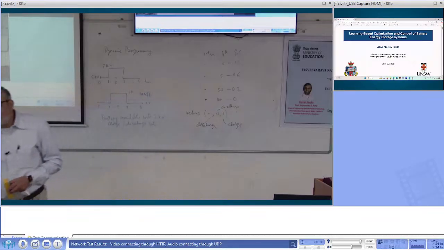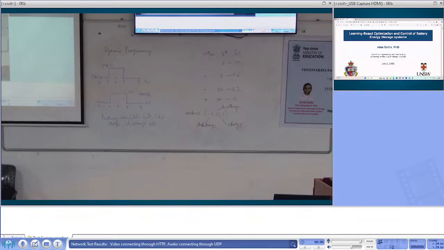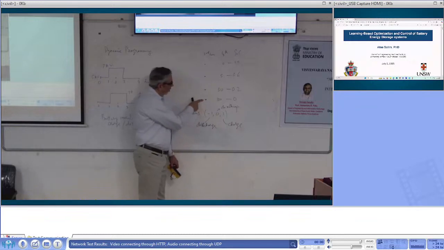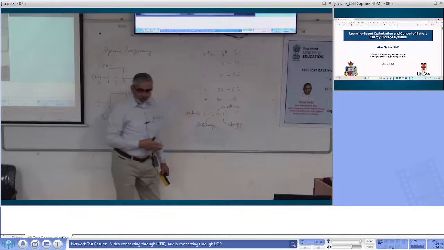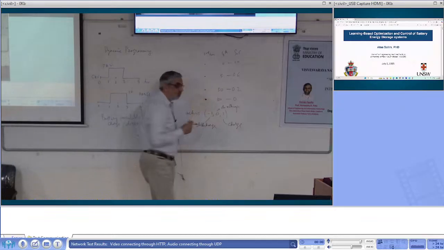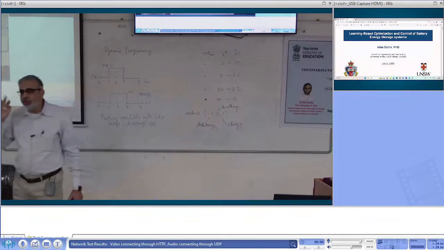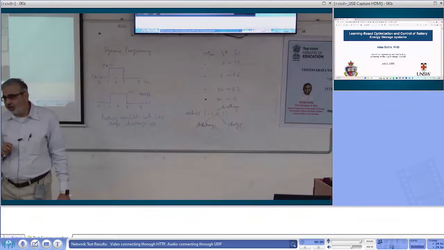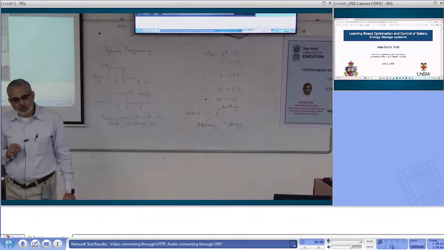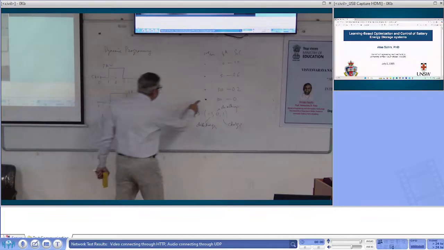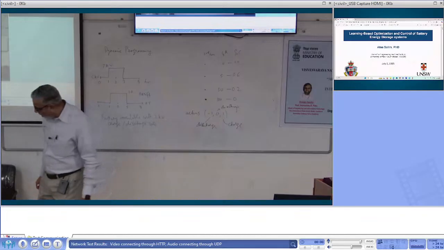Which of these 3 actions will reduce the final cost? If you are sitting here and you want your cost to be minimum, what will you do? I have got a charge of 0. I have got 3 possible actions, right? So which action should I take to minimize my eventual cost? Add this cost plus that cost of that column.